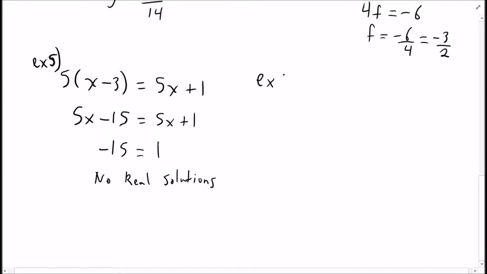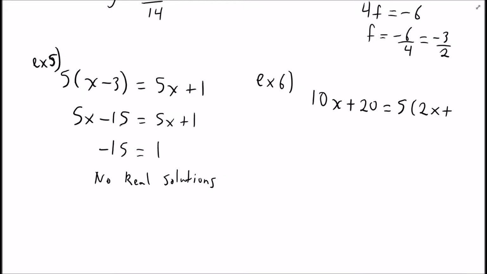And for a last one, I could have 10x plus 20 is equal to 5 bracket 2x plus 4. And you'll notice that those look similar to each other. When I multiply the 5 in, they will be.